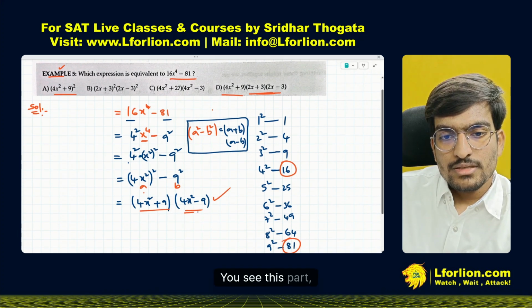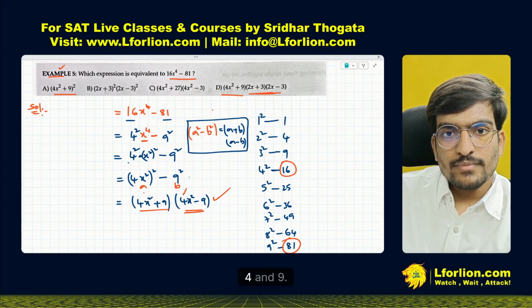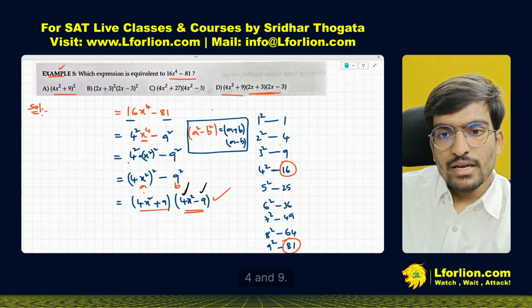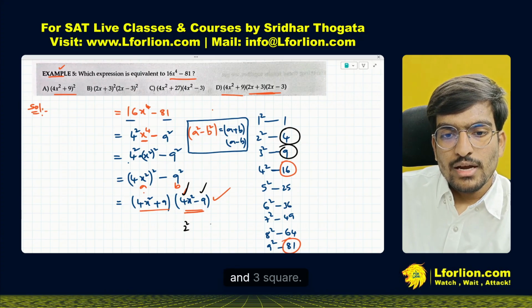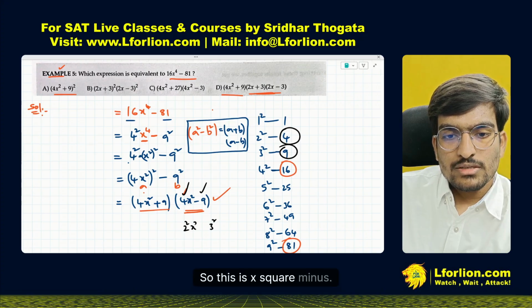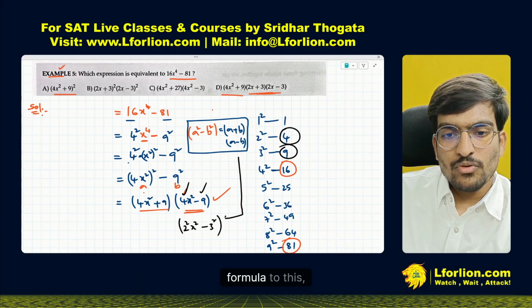You see this part, it's again 4 and 9. These are again square numbers, like 2 square and 3 square. So this is x square minus 9. We can turn this by applying the same formula again.